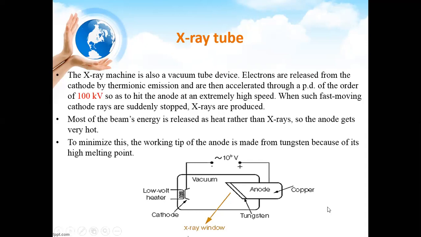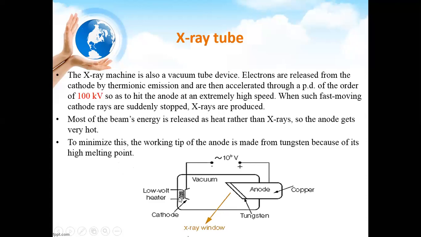If you use another metal over here, you're not going to be able to see any X-rays because it is going to be broken when it reaches 100 kilovolts, 100,000 volts. That's why we use tungsten over here to protect the device, because it has a high melting point.